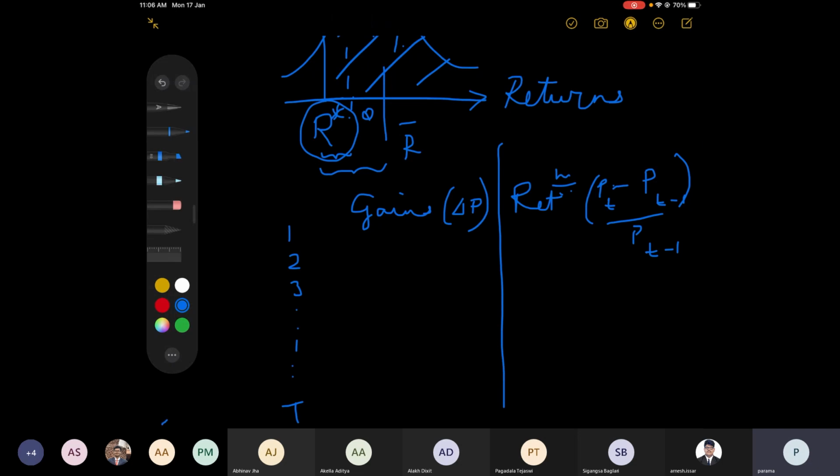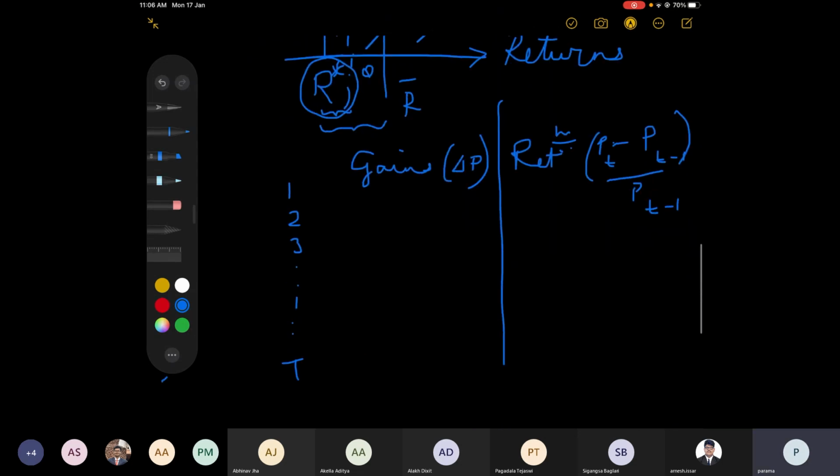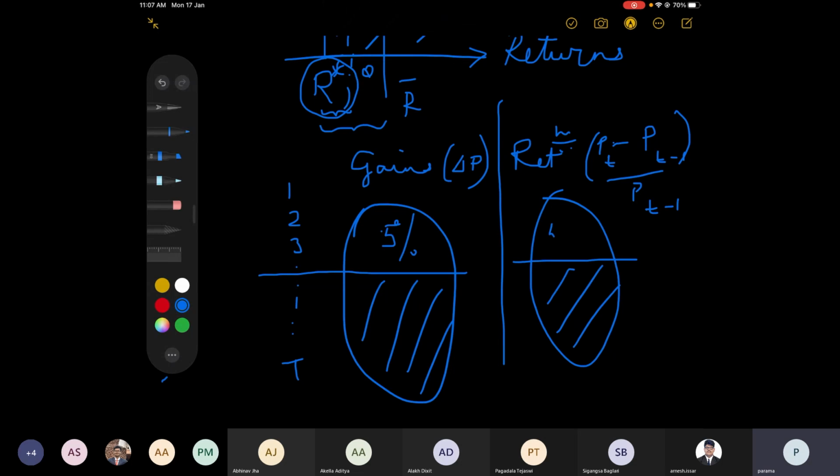Now we said there could be two ways to find the worst gain or the worst return. One is by sorting these gains or returns and selecting that gain or return such that 95% of the data lie above and only 5% of the data lie below.